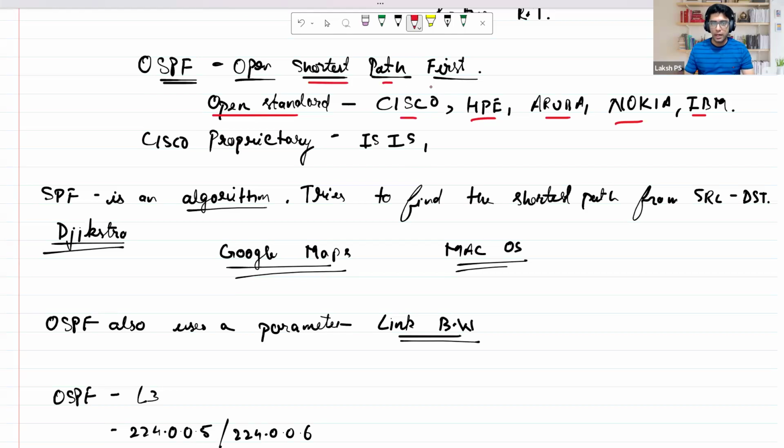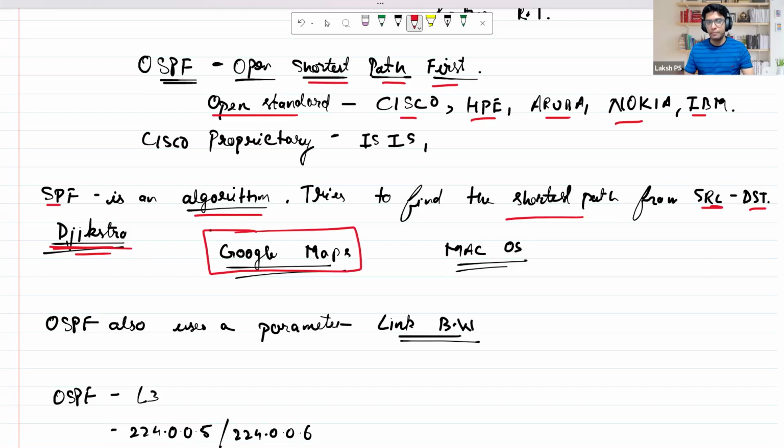Then, shortest path first is an algorithm called the Dijkstra algorithm, and it is used everywhere, even in real life. The work of the shortest path first algorithm is to find the shortest path from source to destination. In real time, we use Google Maps.